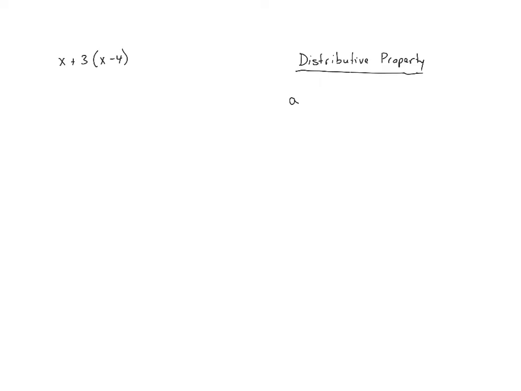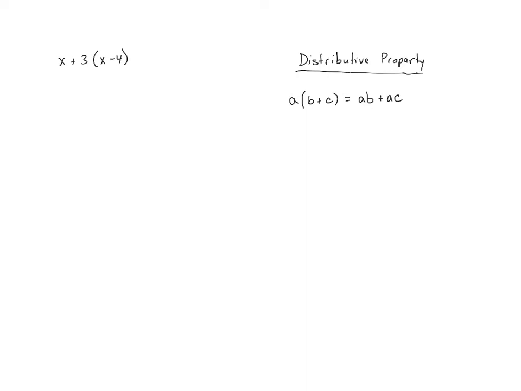if we have something, we'll represent that with A, being multiplied by a sum, B plus C, we know that order of operations tells us that we do the addition first because it's inside the parentheses, and then we multiply the result by A. But the distributive property says we get the same answer if we take A times B, the first term inside, and A times C, the second term inside, and add them together.